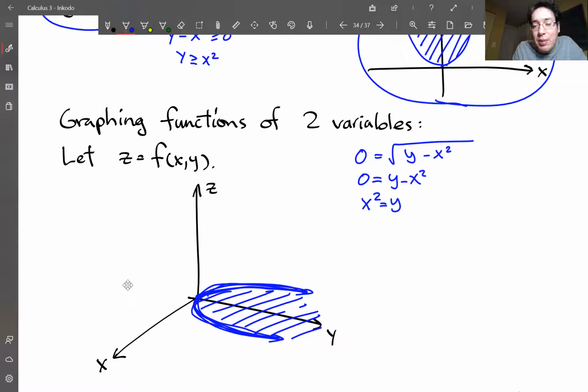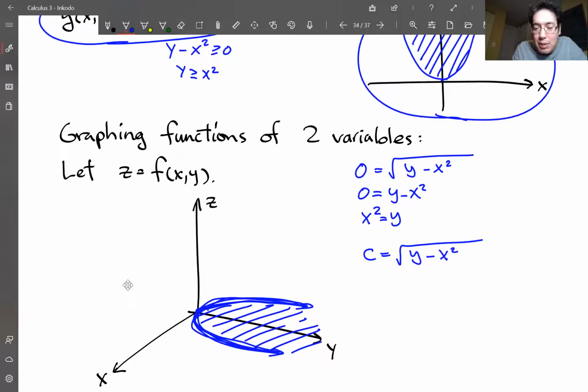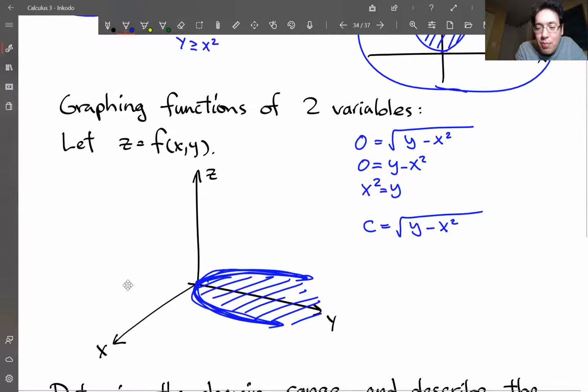What about a different height? I don't want to do this for every single possible output, so maybe I'll just put c for constant for the output. I'm thinking of c as not a variable, but just a constant, fixed number. And we could do a similar thing here. We could square both sides and bring x squared to the other side.